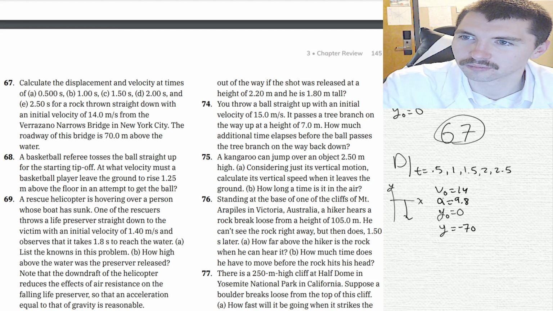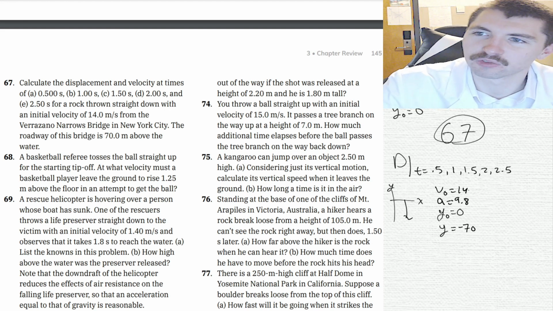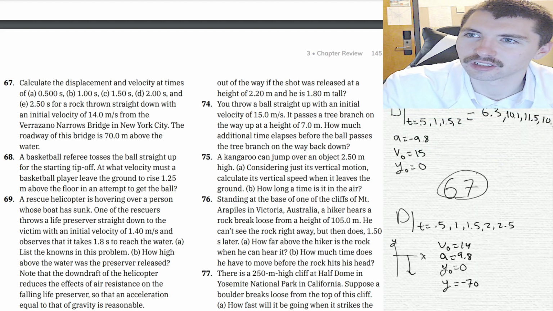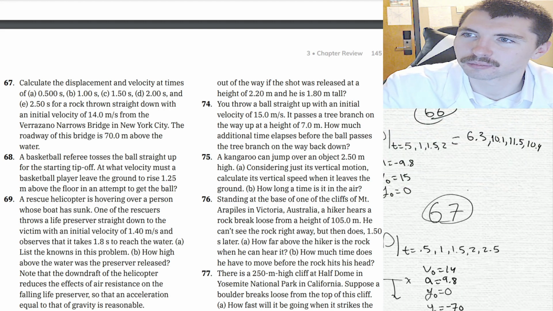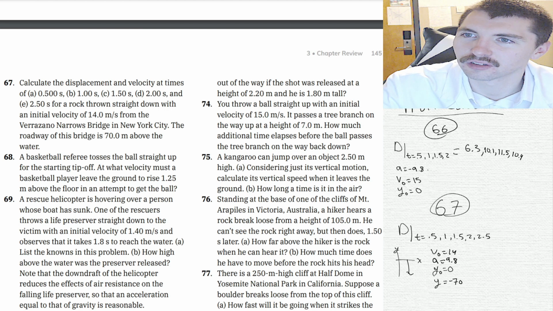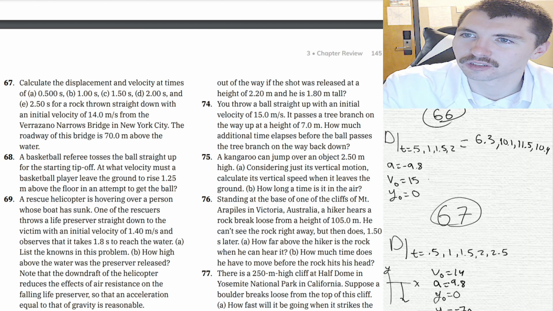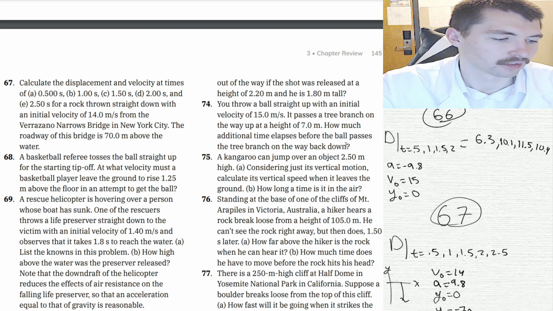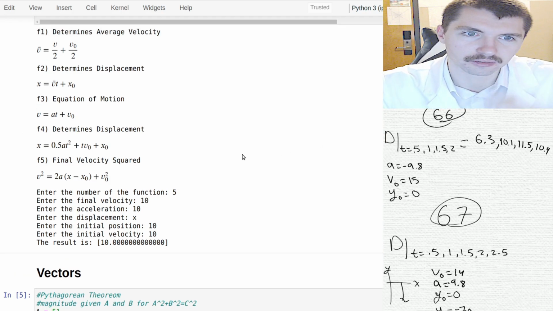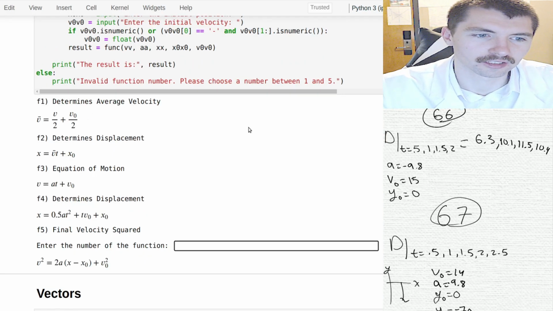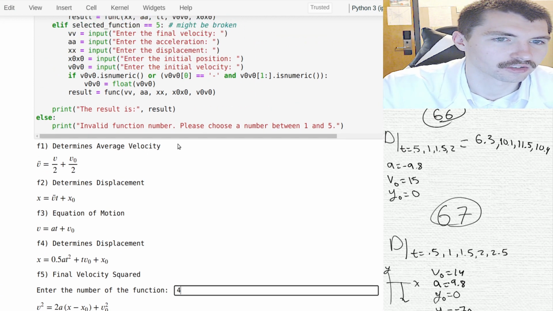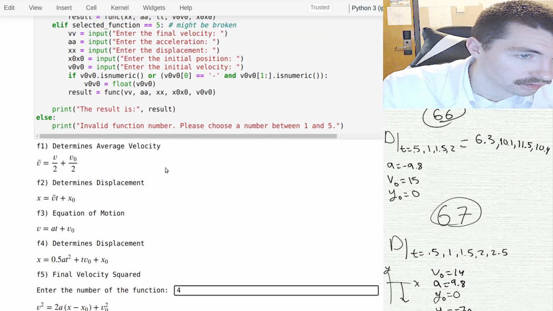So if we're making acceleration negative, hoping probably means this is wrong on the top. Let me just backtrack to 66 real quick. Okay, so why is this displaying here?